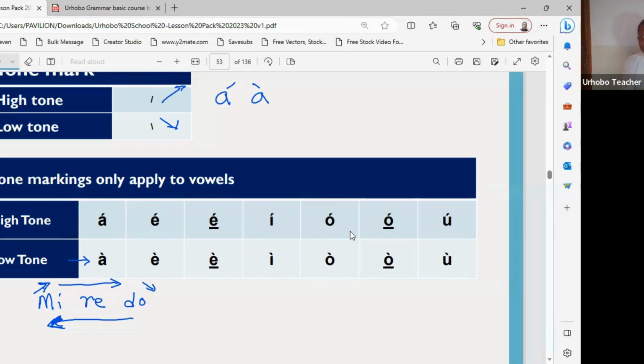But it's something that you should know to guide you, especially if you want to read Urhobo books, or you want to check a meaning in the Urhobo dictionary. This is the Urhobo dictionary.